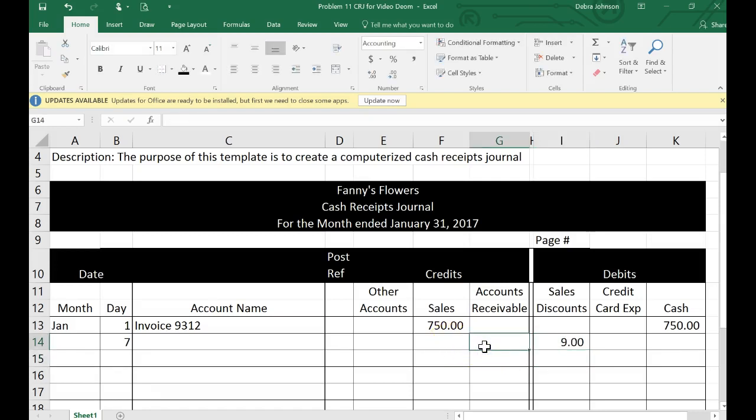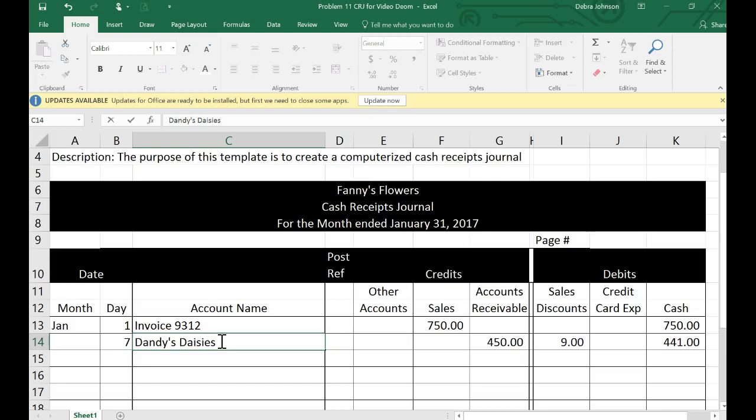I know that the entire accounts receivable needs to come off the books, and that means the cash that I receive would be equal to the $450 minus the $9, which would be $441. Since I am using the accounts receivable column, I need to come over here and put the name of the customers because there's a subsidiary account someplace that also needs to be updated.